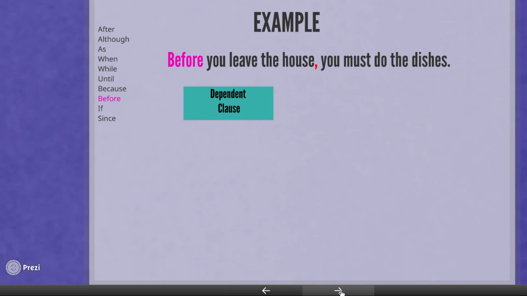So since our dependent clause is located at the beginning, we need to include a comma, which joins our independent clause, you must do the dishes. And again, if you notice, our AAAWWUBBIS word is at the beginning of our sentence, and it is also a part of our dependent clause.